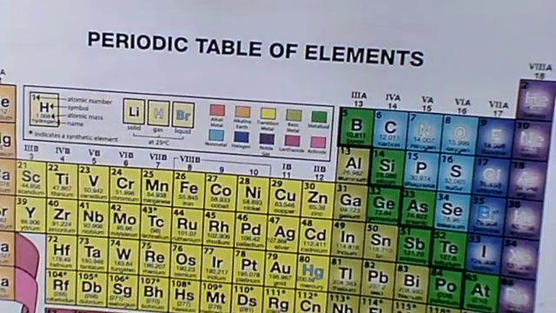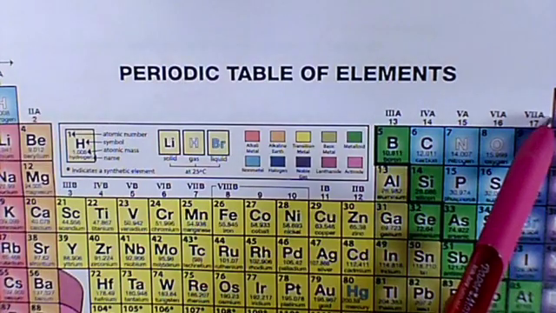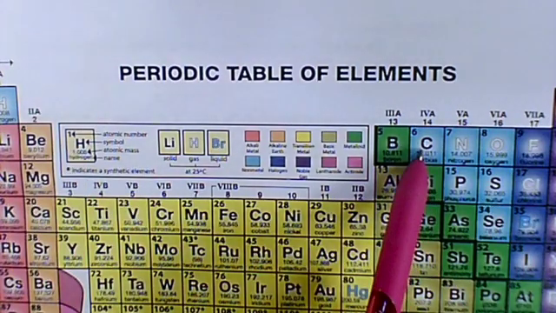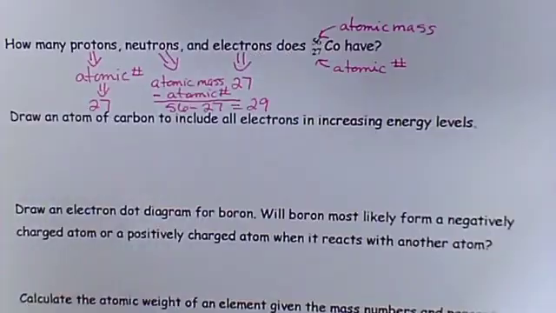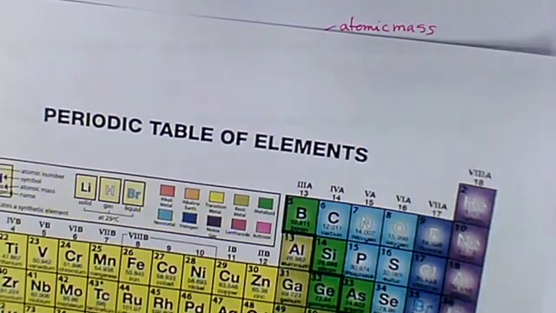And the first energy level has two electrons, and you can remember because there's only two elements in the first one. And then we go over to carbon, and there will be 1, 2, 3, 4 electrons in the second energy level. And its atomic number is 6, so we know it's going to have a total of 6 electrons.